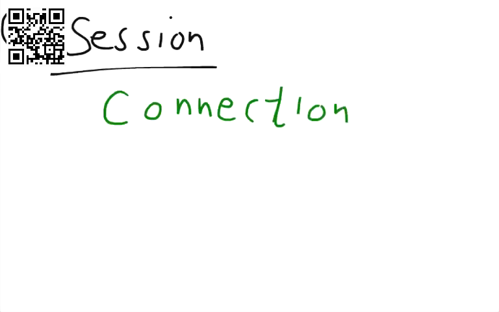Under the presentation layer, we have the session layer. And what are the responsibilities of the session layer in OSI model? The main responsibility of a session layer is to establish a session or to establish a connection between the two nodes.